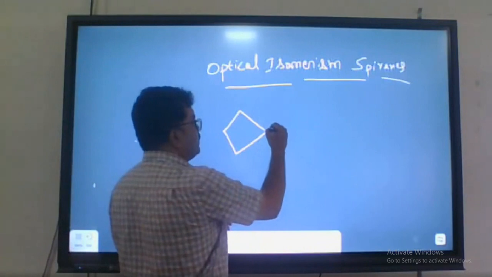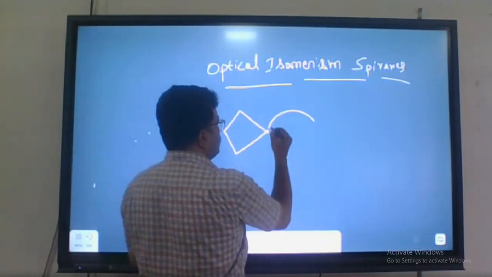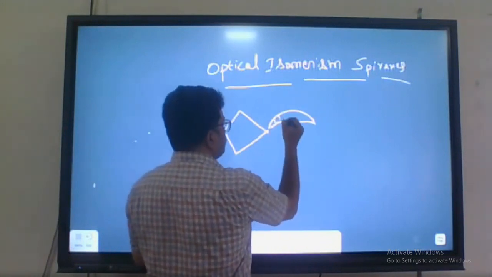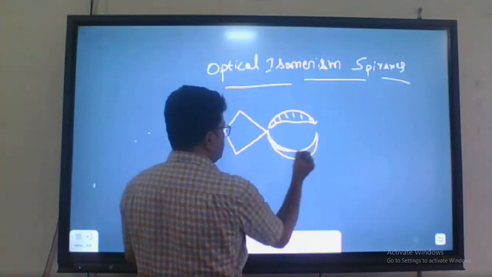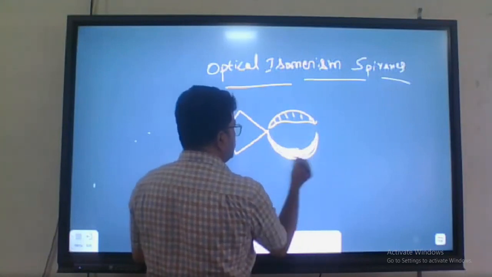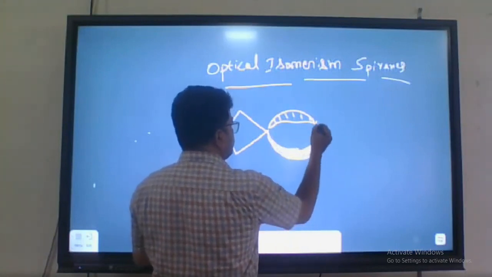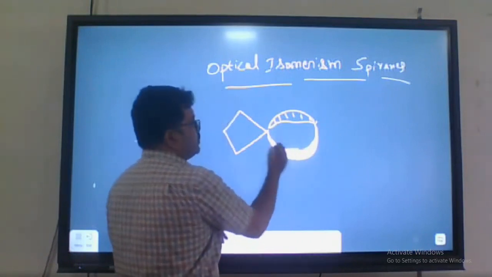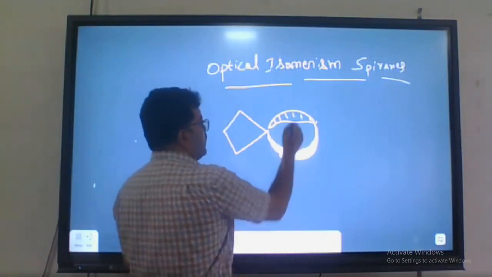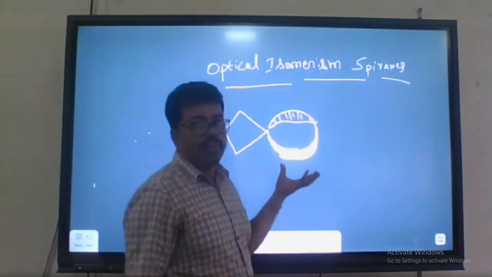So the molecule is like this. This ring is above the plane and this ring is below the plane.